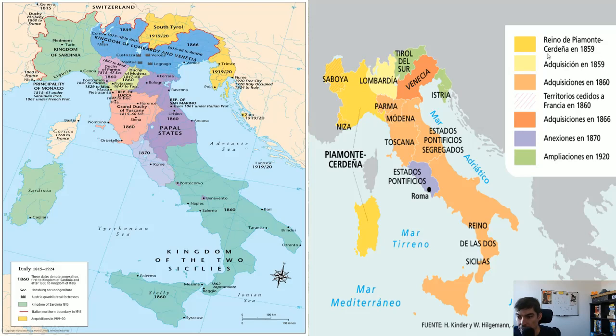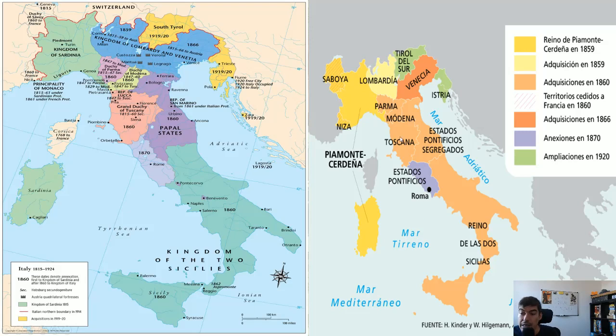First, after the war against the Austrians in 1859, they got Lombardy. Later, in 1860, after some plebiscites, they managed to annex the central areas of Italy, and after the expedition of the 1,000 of Garibaldi, the Kingdom of the Two Sicilies. Finally, the Papal States were annexed in the year 1870.